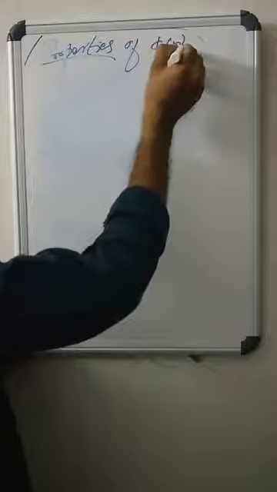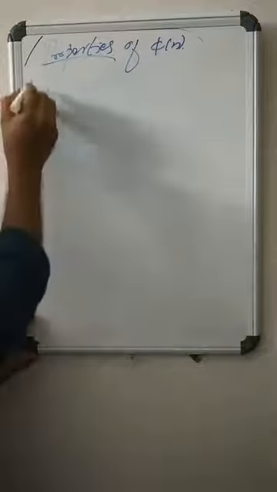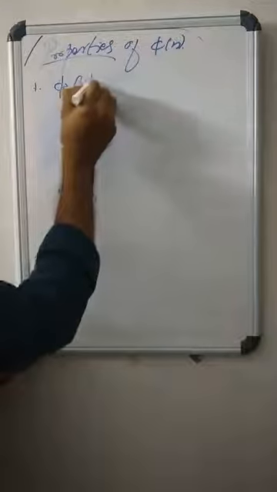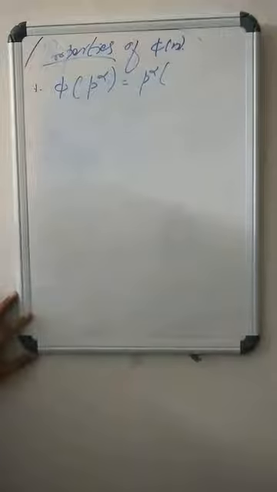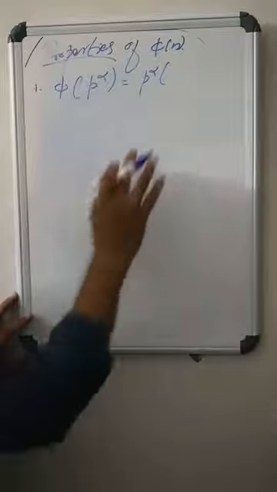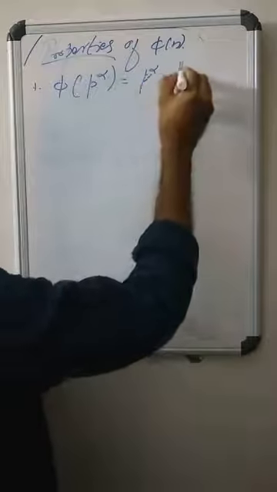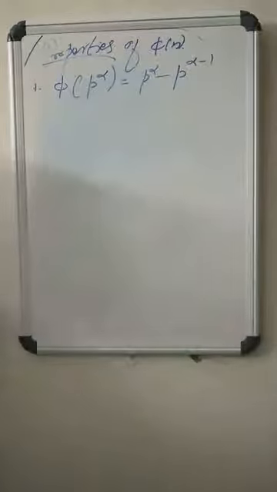So come to the properties of phi, the Euler totient function. The first property is phi of p power alpha equals p power alpha minus p power alpha minus 1. This is the first property.